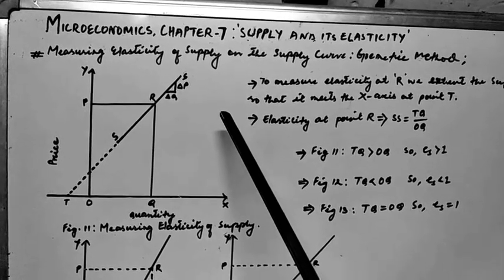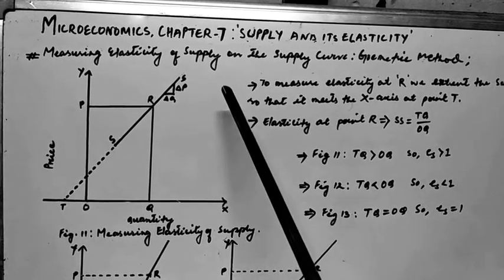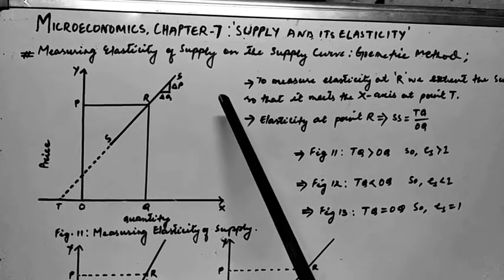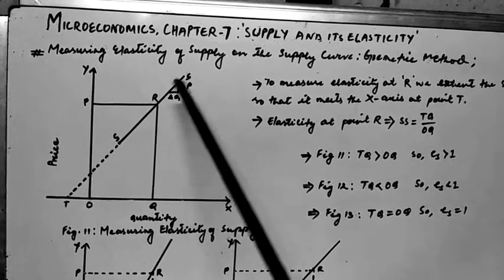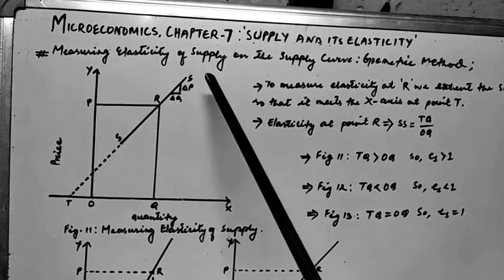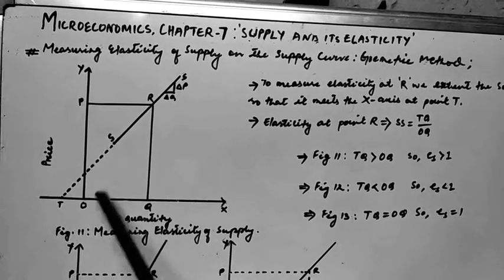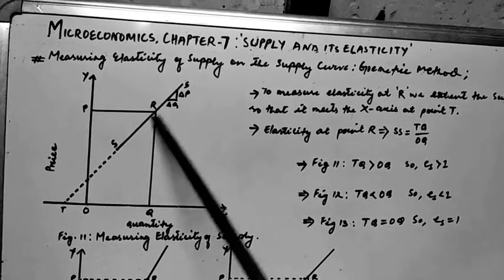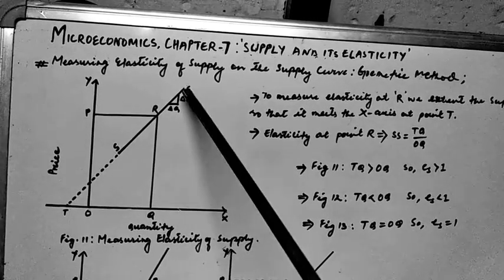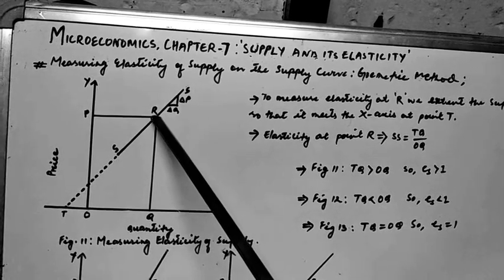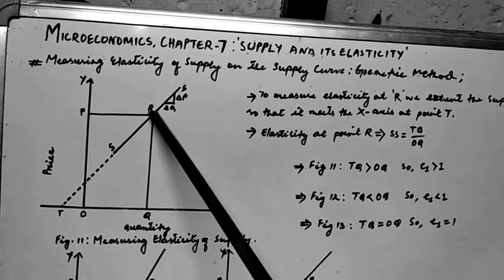So the question is, how do we measure the elasticity of supply at a point which is on the supply curve? Figure 11, SS, is the supply curve that is given. On the supply curve, point R is given here.